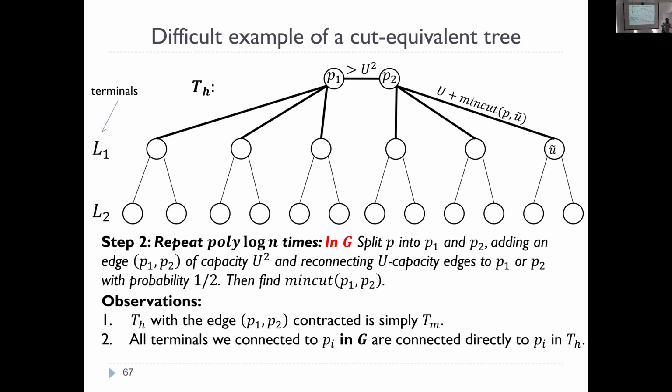And then I have to tell you how to reconnect those edges of capacity U from before. You simply connect them either to P1 or P2 with probability 1/2. So you had an edge that was connected to P, now it is connected either to P1 or to P2 with probability 1/2.